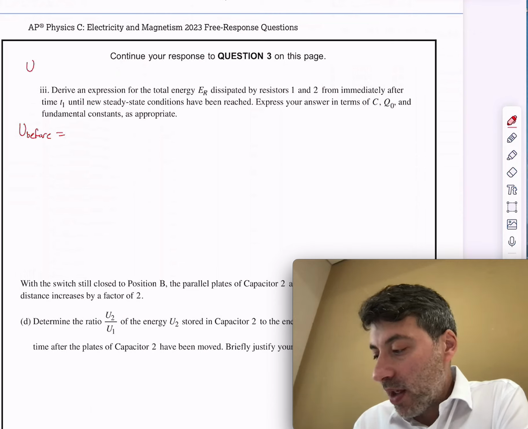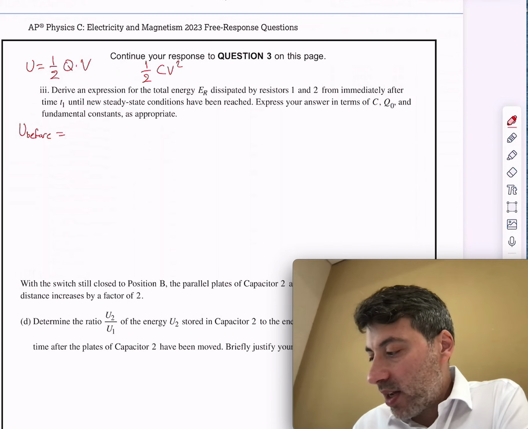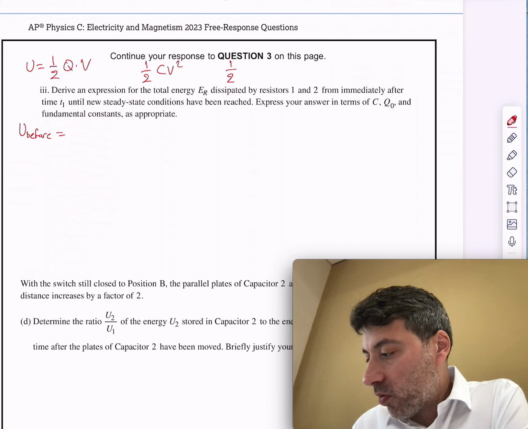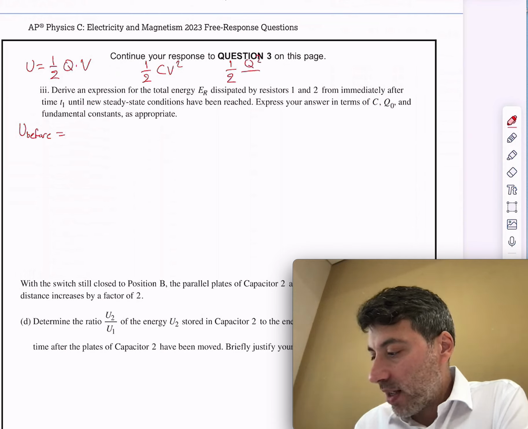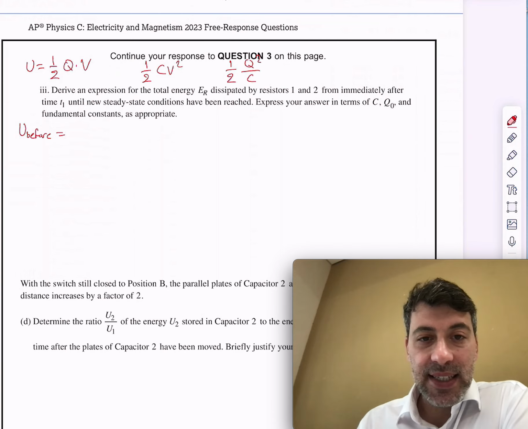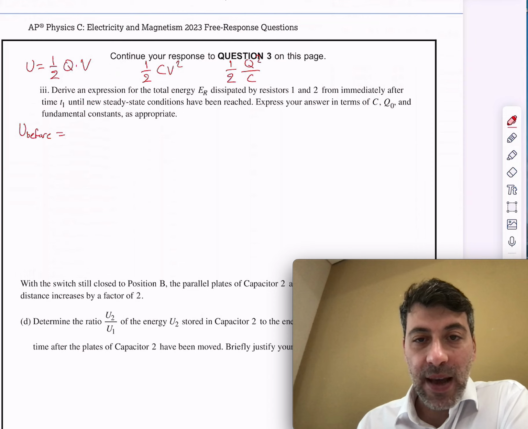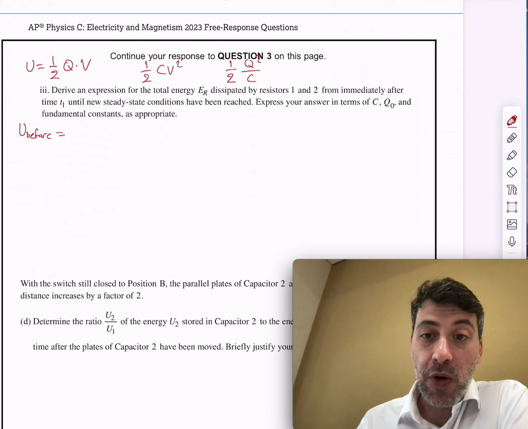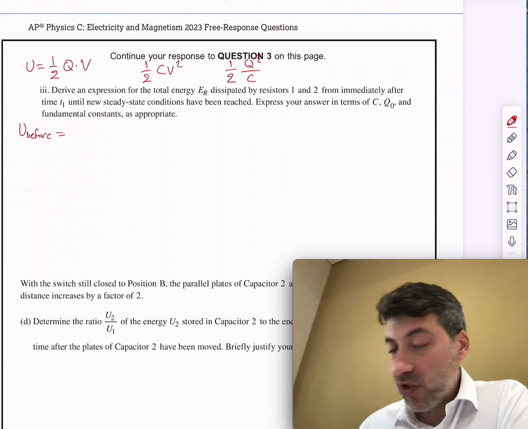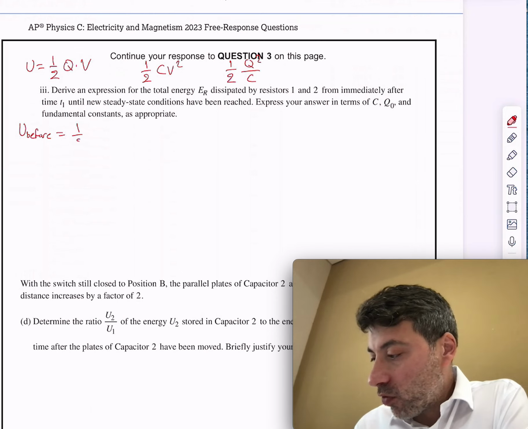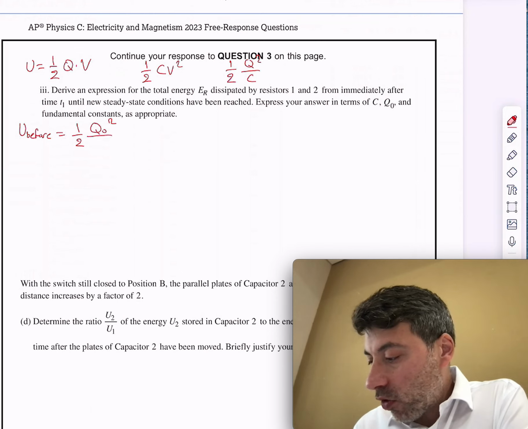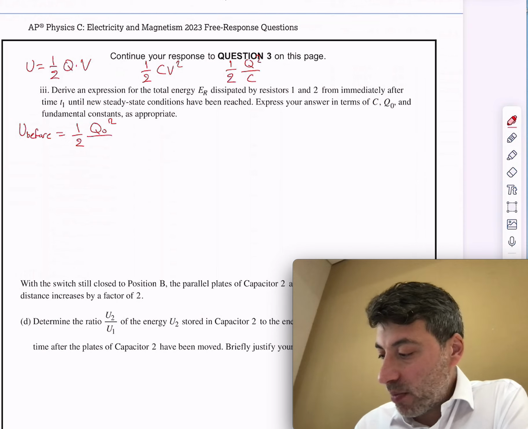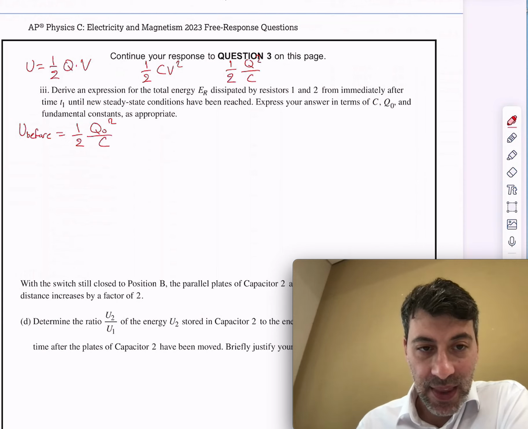Energy is equal to 1 over 2 QV, and 1 over 2 CV squared, and 1 over 2 Q squared over C. Since we know that capacitor 1 had the charge Q0, I think we're going to use the last law, which is 1 over 2 Q0 squared over the capacitance of the first capacitor, which was C.